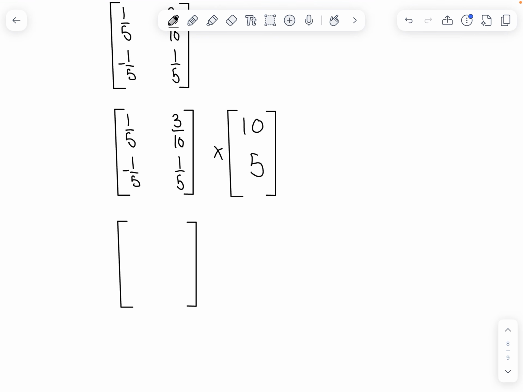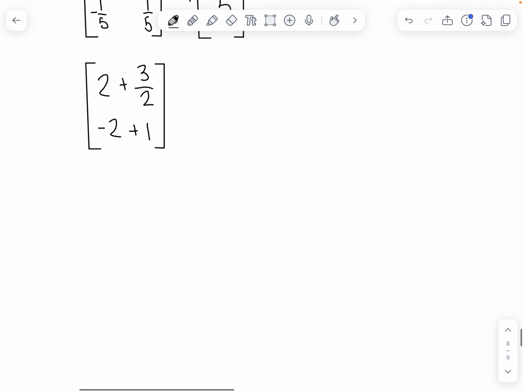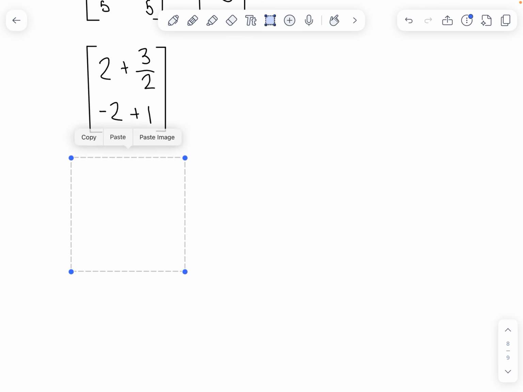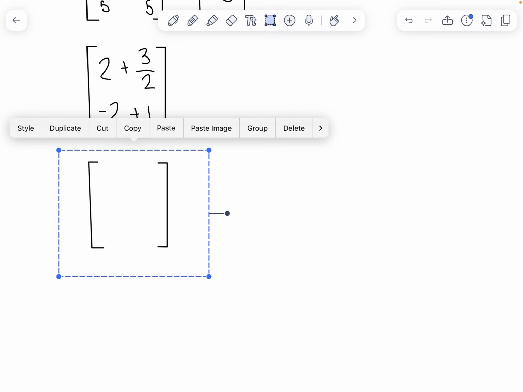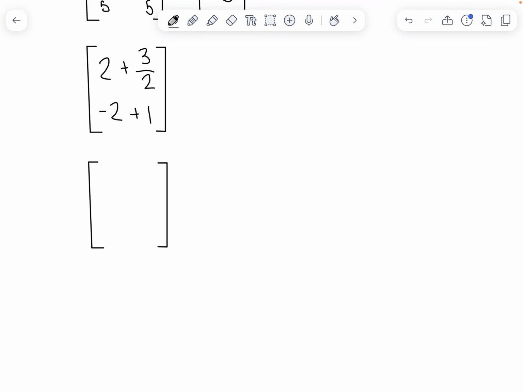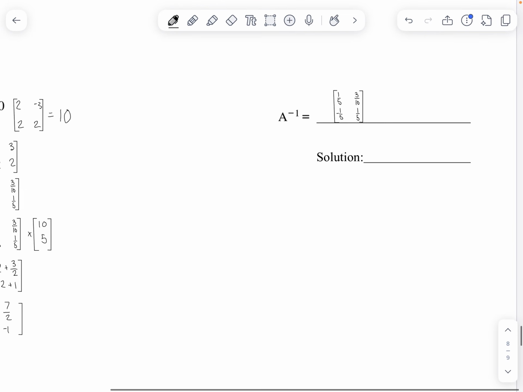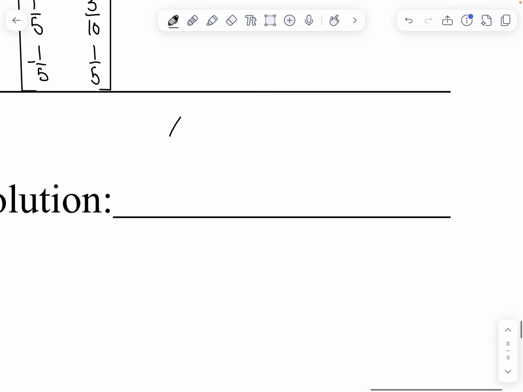So we'd get 2 plus 3 over 2 and negative 2 plus 1. So we get 7 over 2 and negative 1. So our answer is 7 over 2, comma, negative 1.